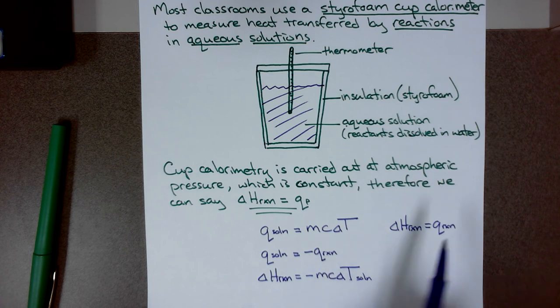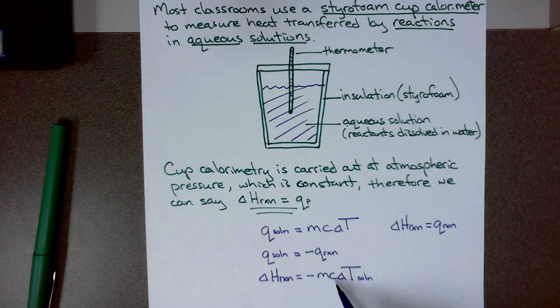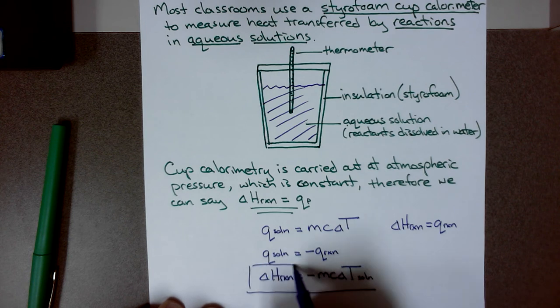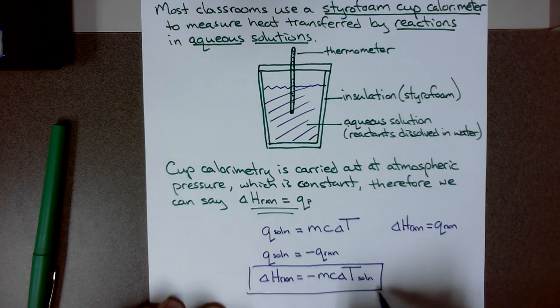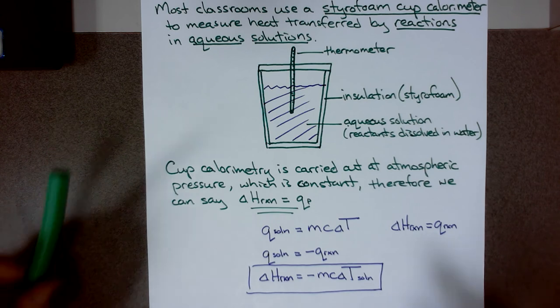And if the energy of the reaction is also known as the delta H, or enthalpy of the reaction, because it's at constant pressure, we can say that the delta H of this reaction is a negative MC delta T of the solution. And this is what we really need to know. So when we're looking at the calorimetry of constant pressure, we're really trying to find the delta H of a reaction.